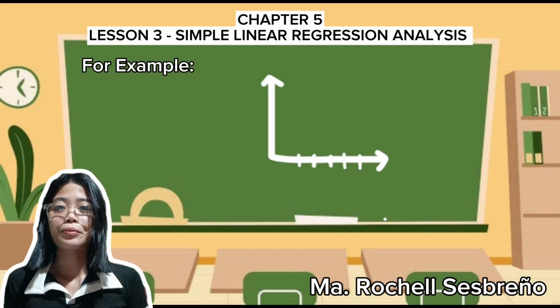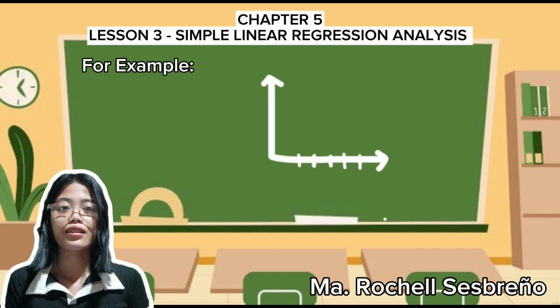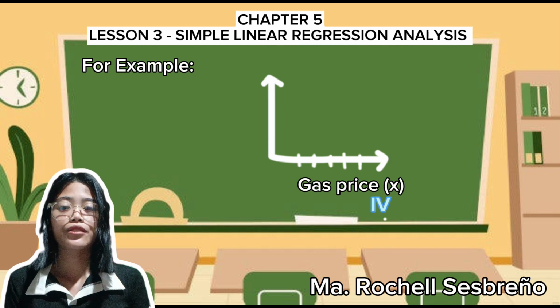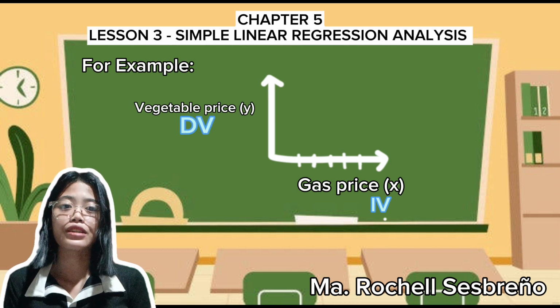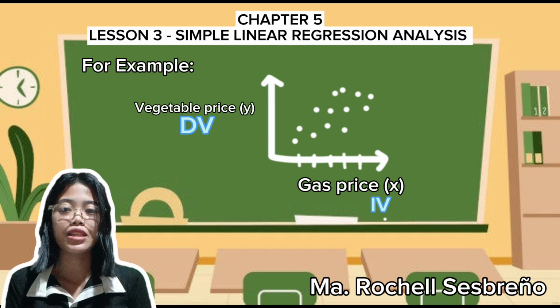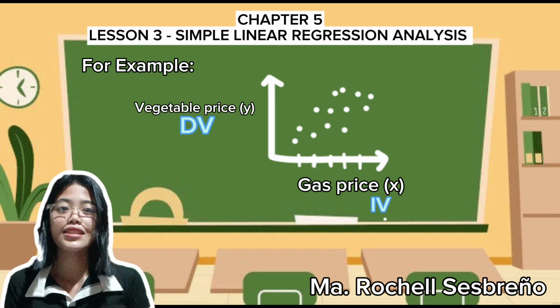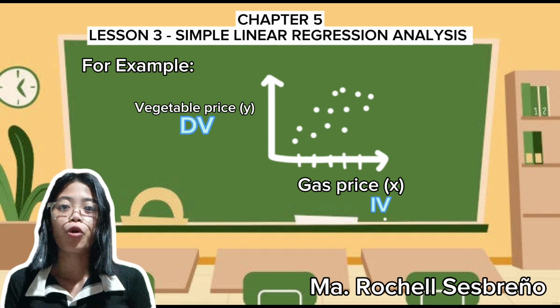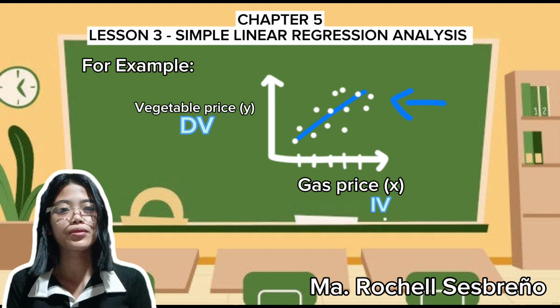If we plot it using a scatterplot diagram, this will be the gas price, our x, the independent variable, and vegetable price will be our y, or our dependent variable. If we plot it and we can see that as the gas price increases, the scatter plot forms this kind of pattern, then it's possible that there is a relationship between the two variables.